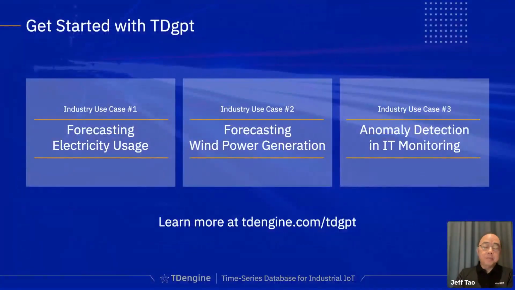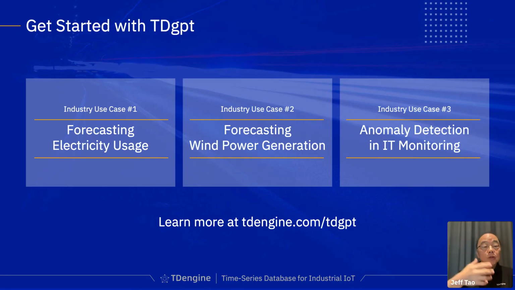To help you learn or pick up TDgpt and TDengine very quickly, we wrote 3 blogs, and also some sample code, and put them on GitHub too. One is our blog that tells you how to forecast electricity usage, and we use publicly available data from Hugging Face.